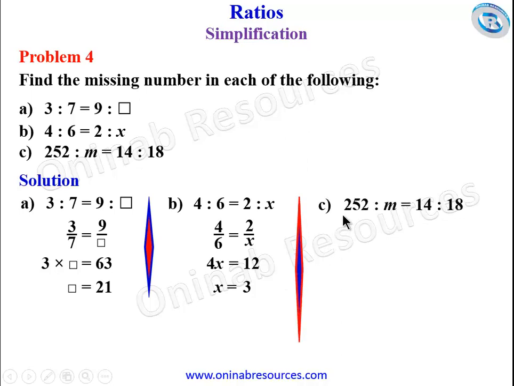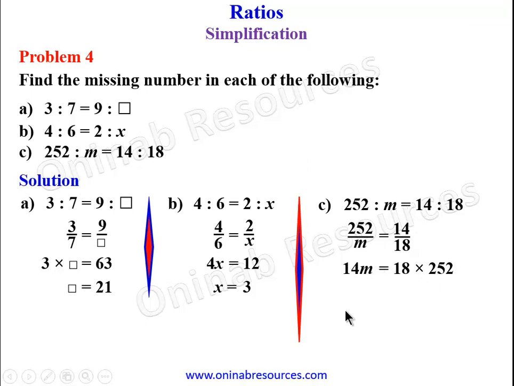For C, we have 252 ratio m is equal to 14 ratio 18. We go ahead to express the left-hand ratio as a fraction and the right-hand ratio as a fraction. This is 252 over m is equal to 14 over 18. We cross multiply. 14 times m gives 14m is equal to 18 times 252.